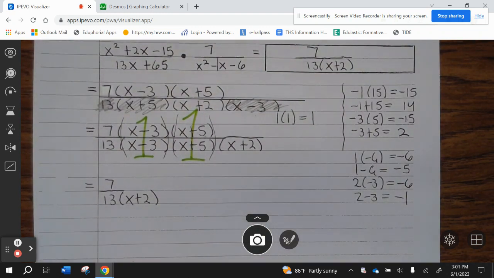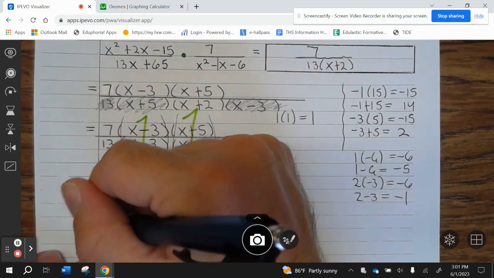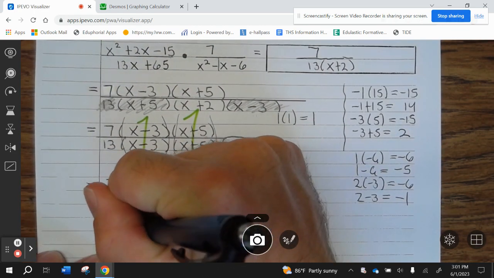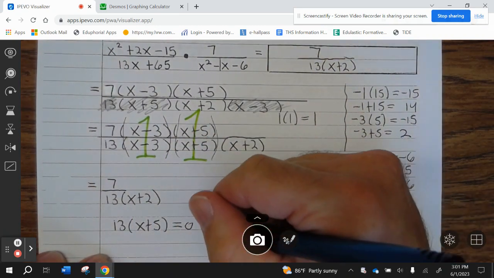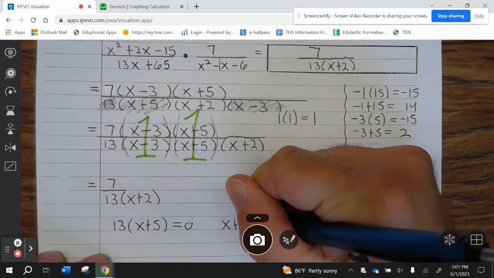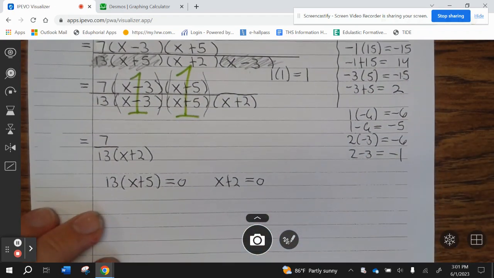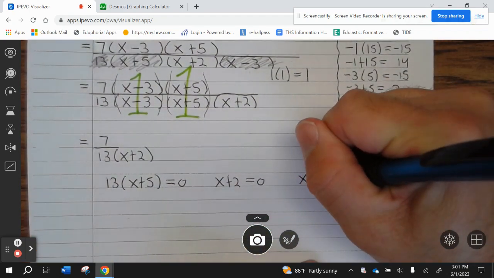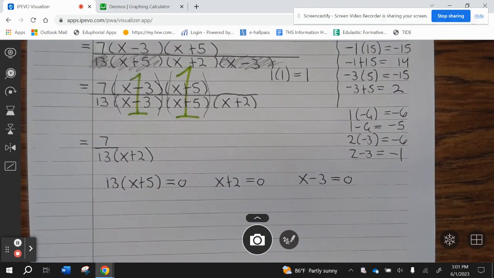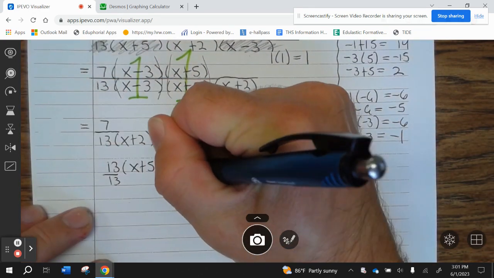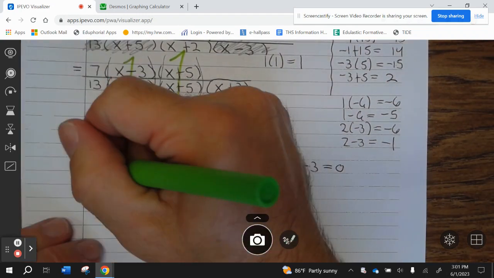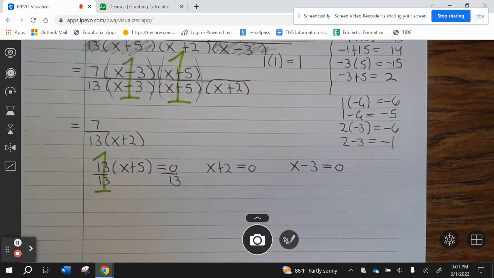All right. Now, for the excluded values, we need to set 13 times x plus 5 equal to 0, x plus 2 equal to 0, and x minus 3 equal to 0. Okay? So we're going to divide 13 by both sides here. This divides and becomes 1.